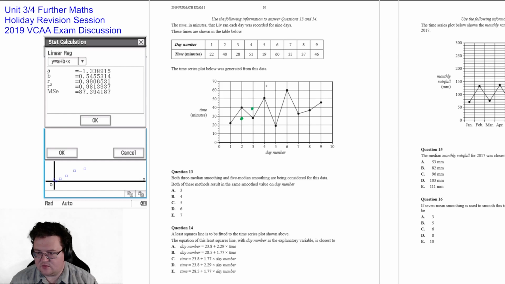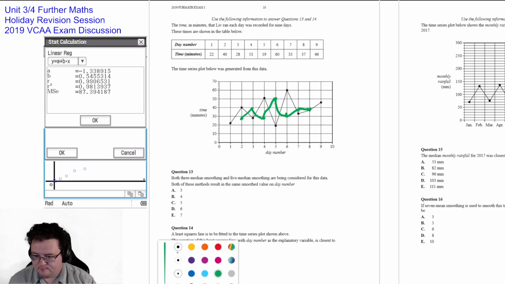If I look at these 3, the median will be there. These 3, the median will be up there. Here. Here. So I have a smooth line that looks a little bit like that.